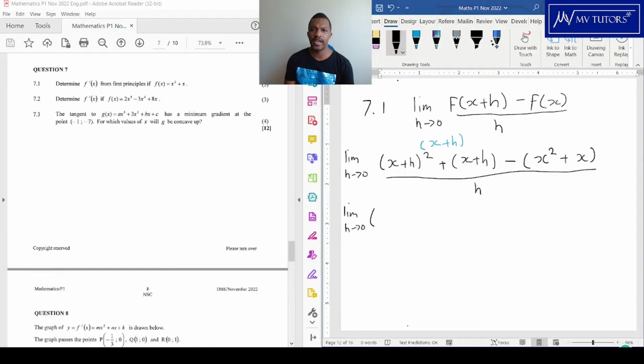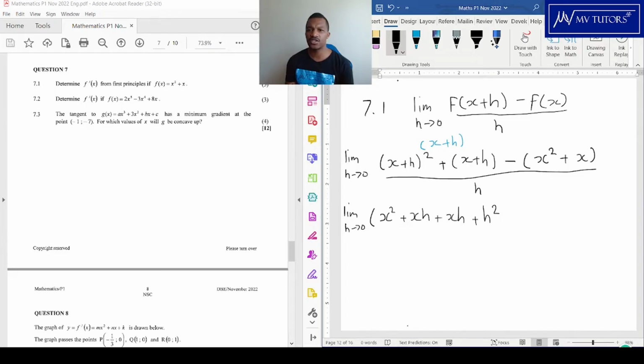So it's going to be x times x, which is x squared, and then x times h, which is plus xh, and then h times x, which is plus xh again, and then h times h, which is h squared.